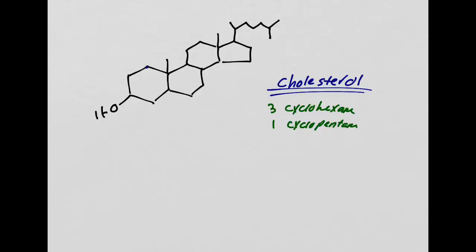Right here it has 1, 2, 3, 4, 5, 6, and then another cyclohexane. So it has 3 cyclohexane attached together, and then it has a cyclopentane at the end. Okay, pretty cool, right? So cycloalkane, you know what they are.